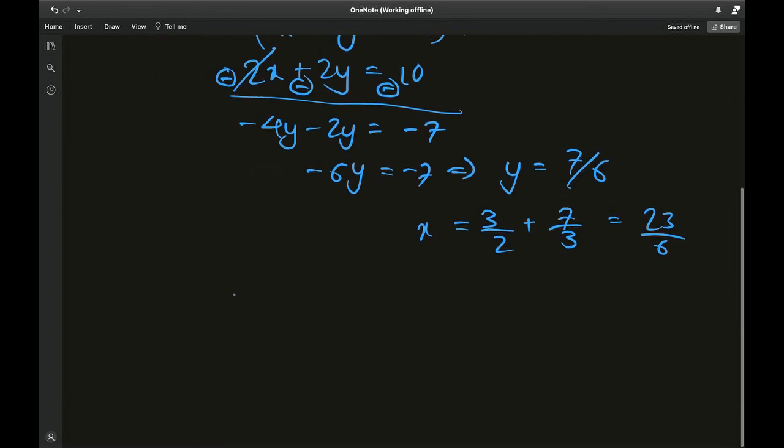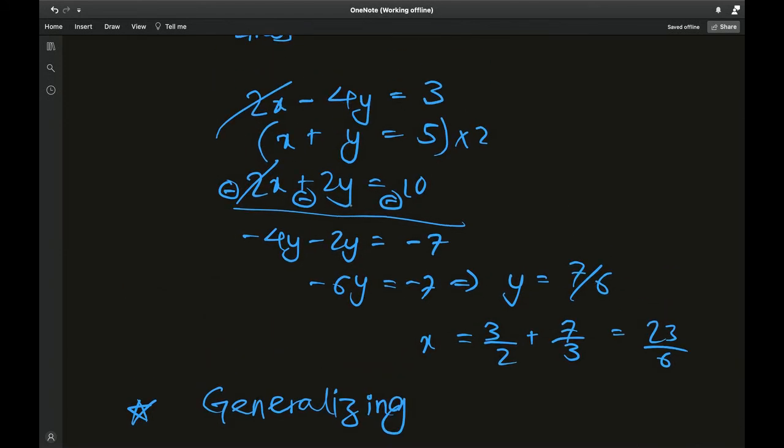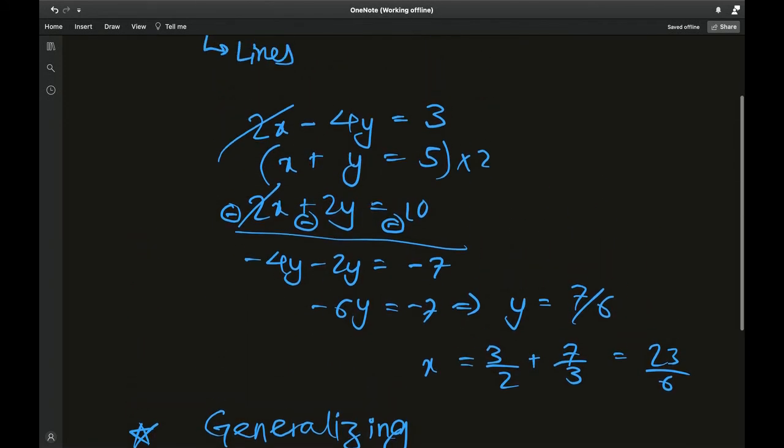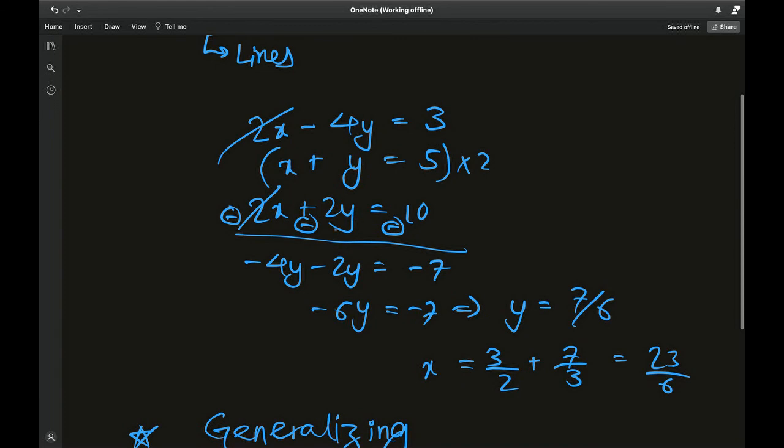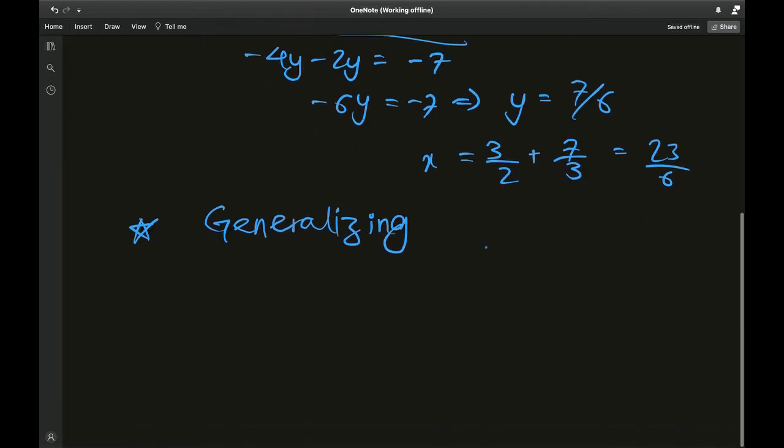So the idea I want to talk about before moving on to the more practical aspects of linear algebra is this notion of generalizing whatever black magic we did over here. You have to admit, this was a clever technique of elimination. We call this elimination. So the idea is about generalizing this.